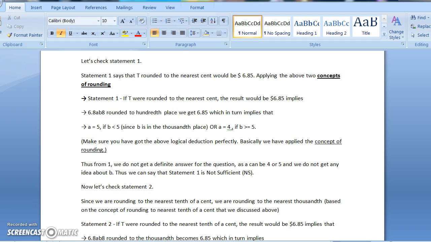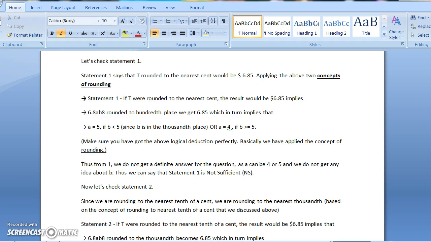If we apply the above two concepts of rounding and the corollary of rounding to the cents and the nearest tenth of a cent, Statement 1 implies that 6.8AB8 rounded to the 100th place gives 6.85, which in turn implies that the 100th place A will be either 5 if the next digit, that is B, is less than 5, or the 100th digit A will be 4 if the next digit B is greater than or equal to 5.